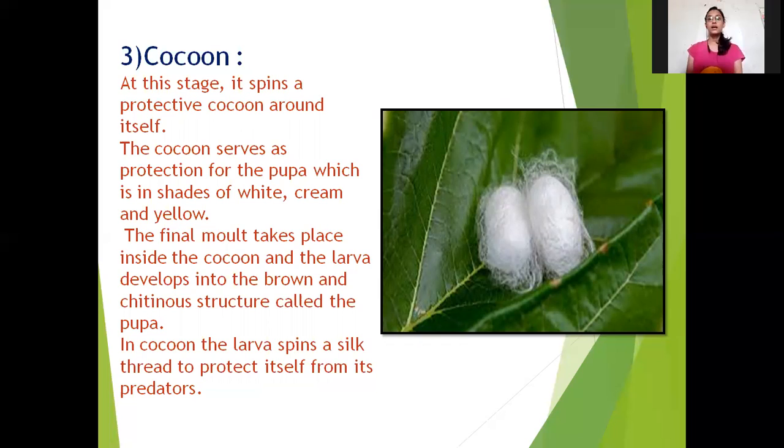The final molt takes place inside the cocoon and the larva develops into a brown and chitinous structure called the pupa.